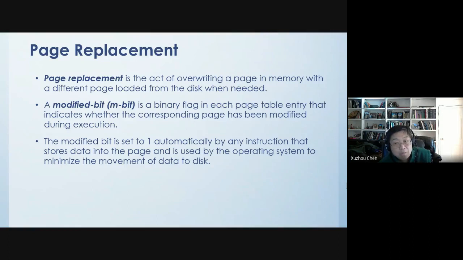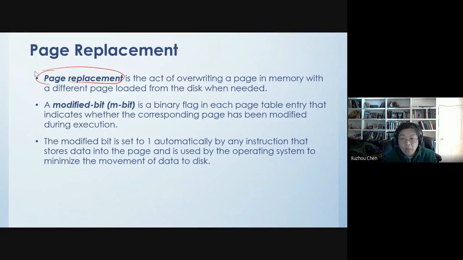Now we have to come up with something called a page replacement. Page replacement is the act of overriding a page in the memory with a different page loaded from the disk when needed.